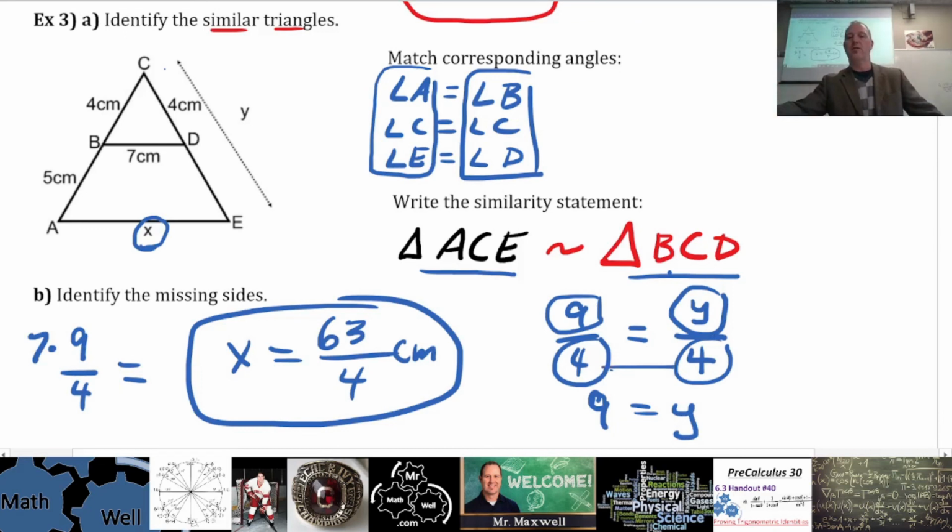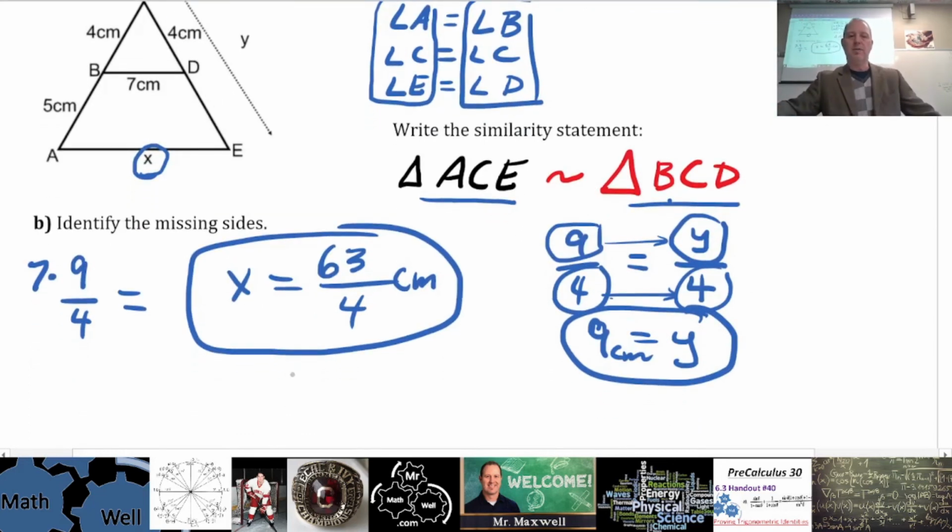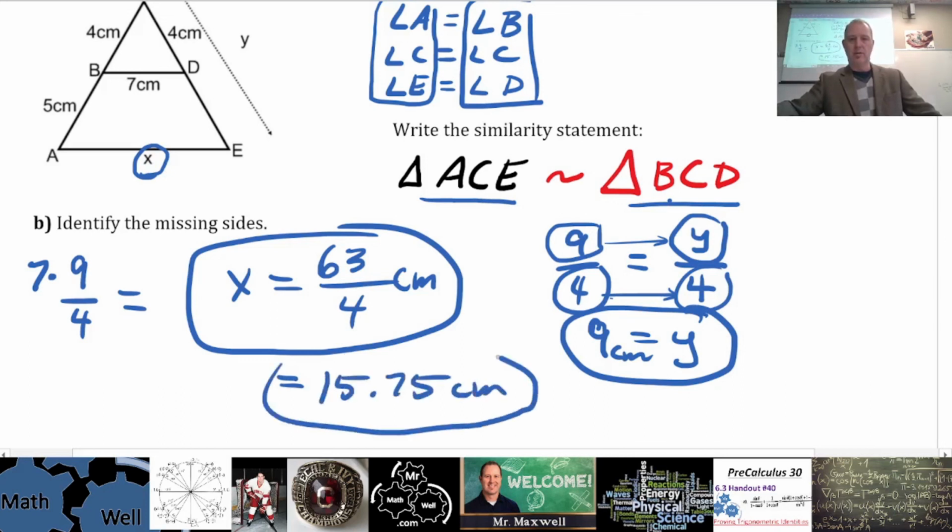So if the 4s are the same, then the tops have to be the same. And that's going to be centimeters. And we should be done there. Okay, and as a decimal, x is 15.75 centimeters. So there's that as well for x.